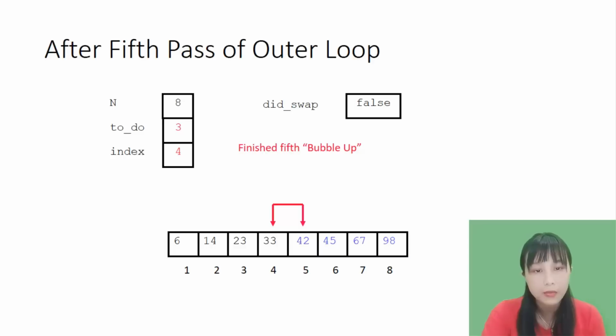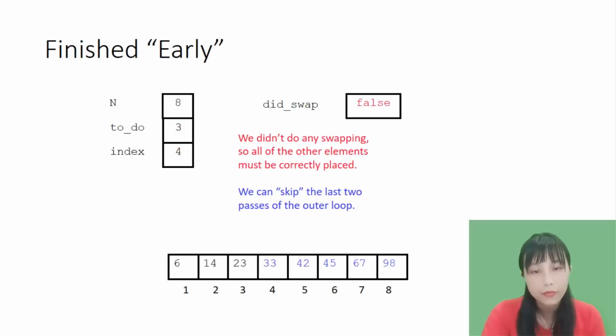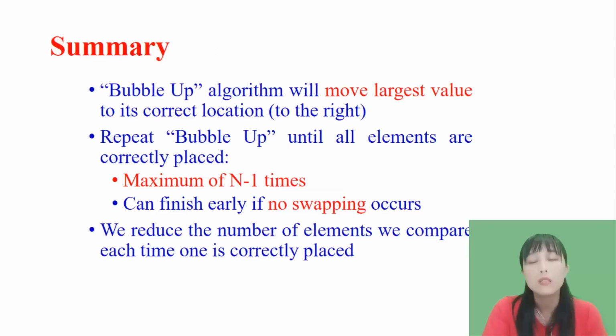Finish the fifth bubble up. We did not do any swapping, so all of the other elements must be correctly placed. We can skip the last two passes of the outer loop. Summary: the bubble up algorithm will move the largest value to its correct location on the right.